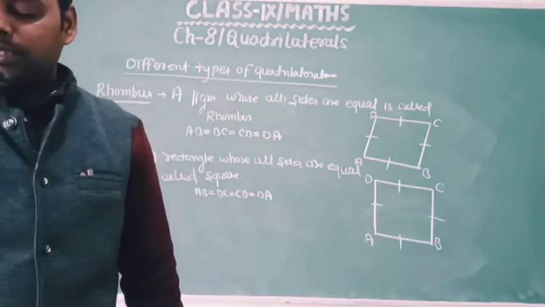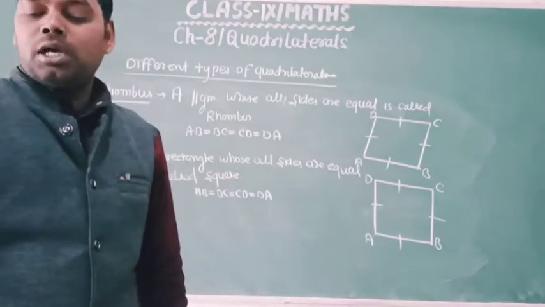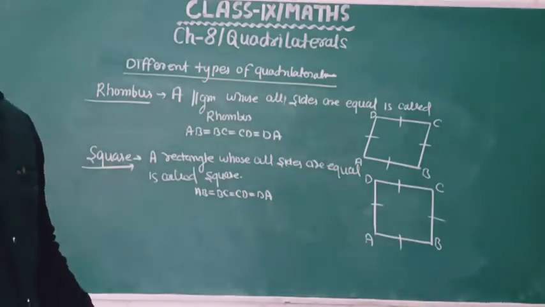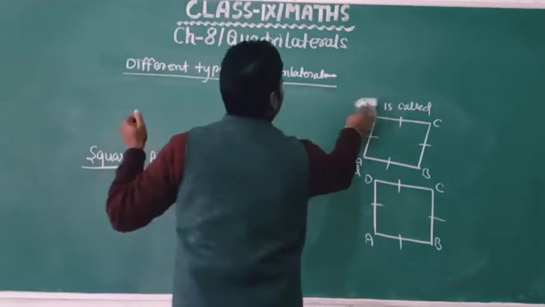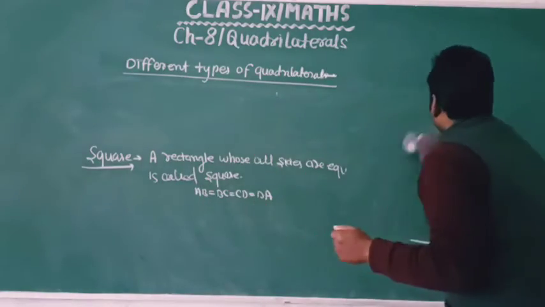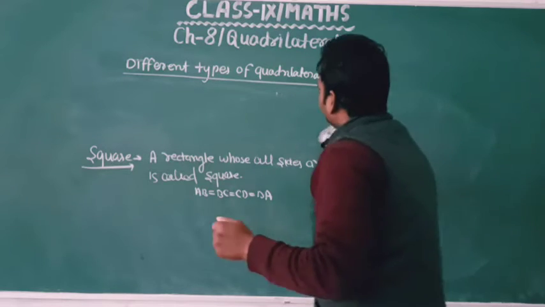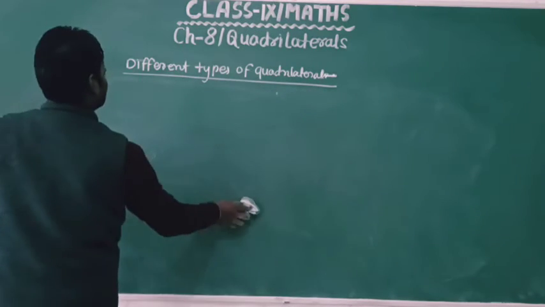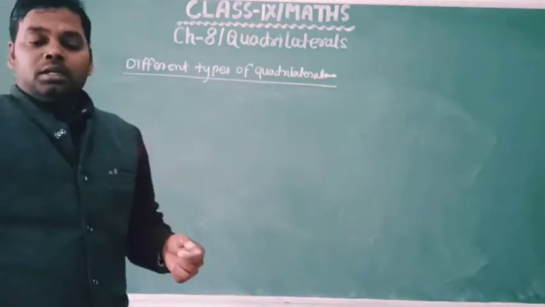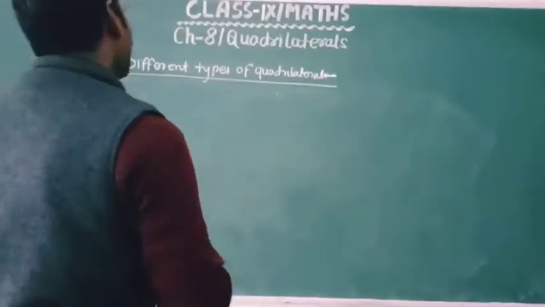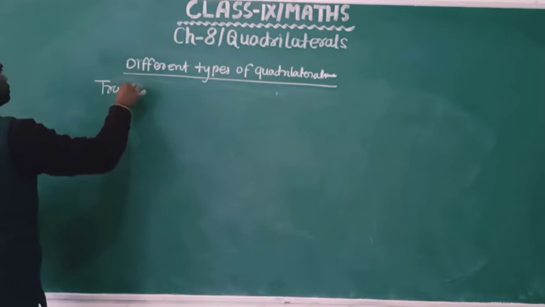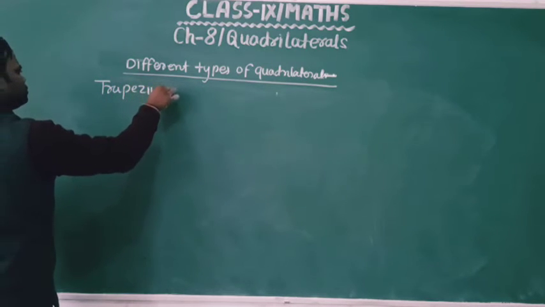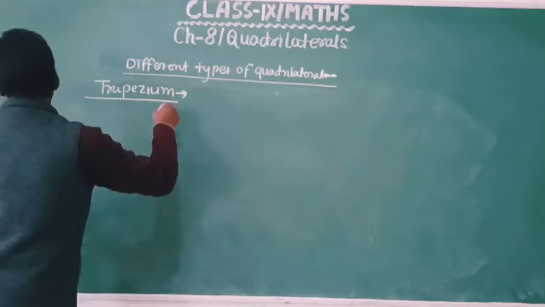And next, different types of quadrilateral. The next quadrilateral is the trapezium.